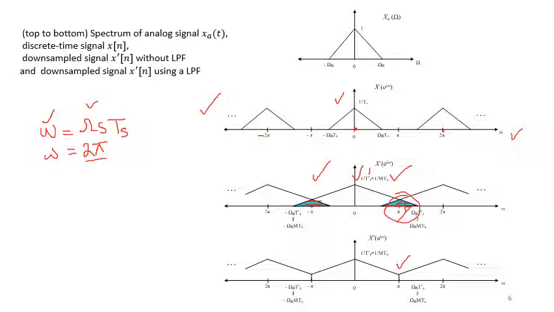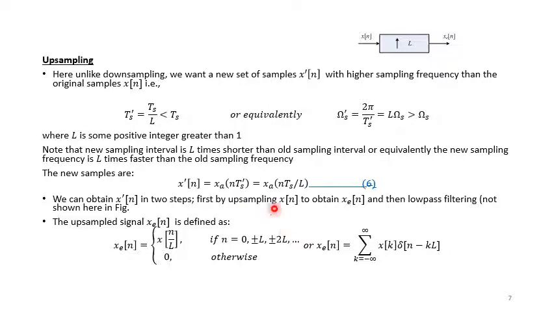So to avoid aliasing distortion, we should have a filter with cutoff frequency omega equals pi by m, right? Because we are downsampling by a factor of m, so it's pi by m. So I hope this gives you an idea. So with that we end the topic of downsampling.